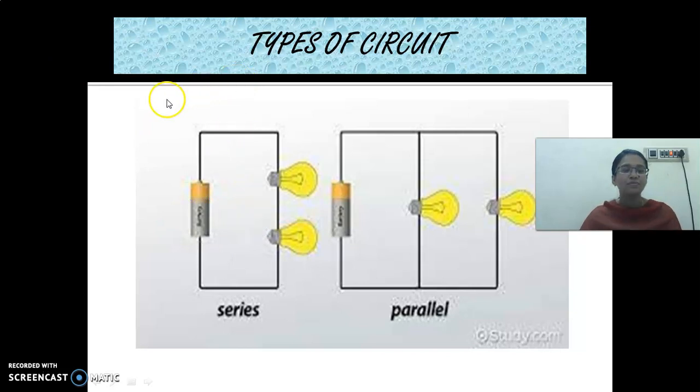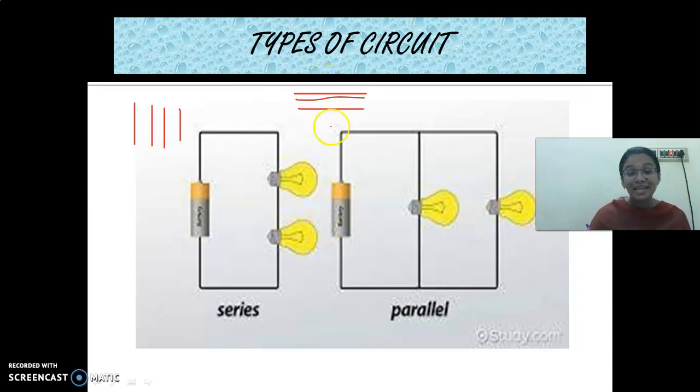Look here, children. If it is placed like this, what is this connection called? It is a parallel connection. And if it is placed like this, what is this? Series connection.